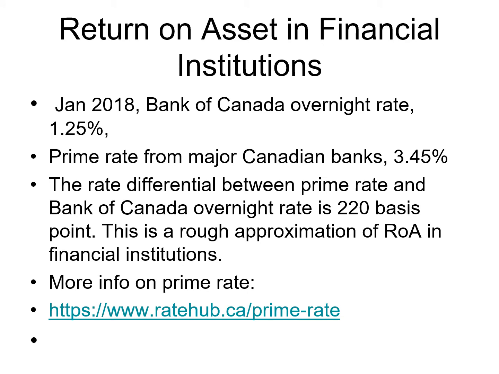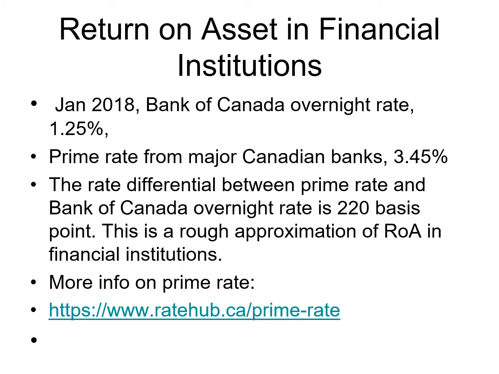First, we'll look at the level of return on assets in financial institutions. In January 2018, the Bank of Canada overnight rate is 1.25%. At that time, the prime rate from major Canadian banks is 3.45%.